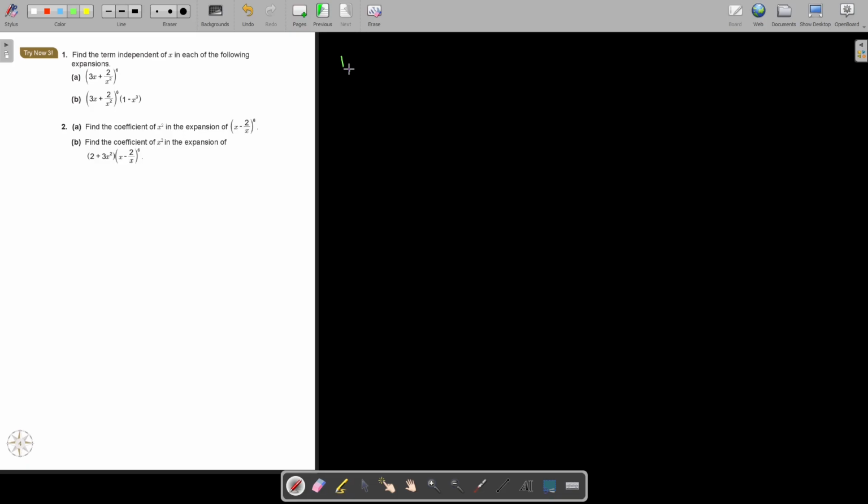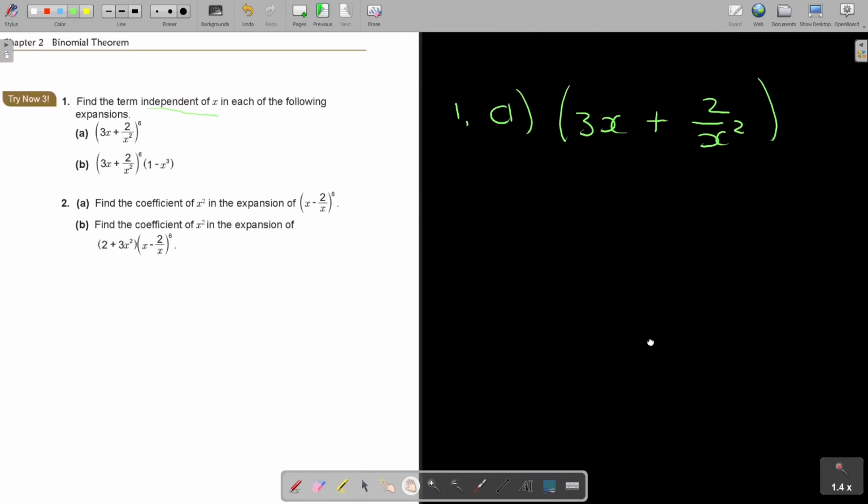Find the term independent of x in each of the following expansions. Okay, so number A, let's start there. So it's going to be 3x plus 2 over x squared, and that is going to be to the power of 6. I just want to make it a bit bigger because I'm struggling to see it myself now.